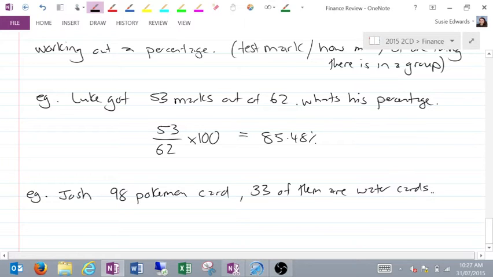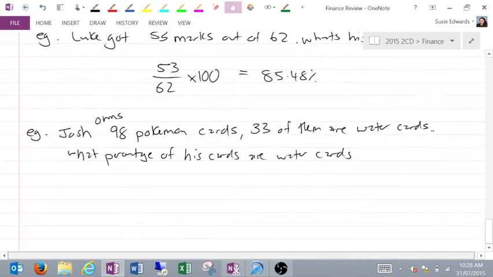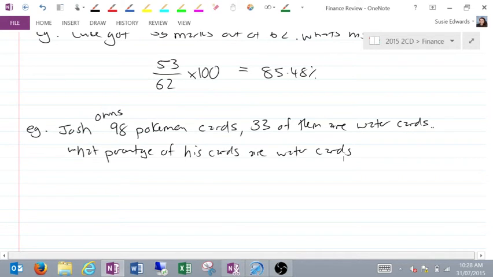Okay. Josh owns 98 Pokemon cards. 33 of them are water cards. Okay. What percentage of his cards are water cards? All right. So how do we find this out?